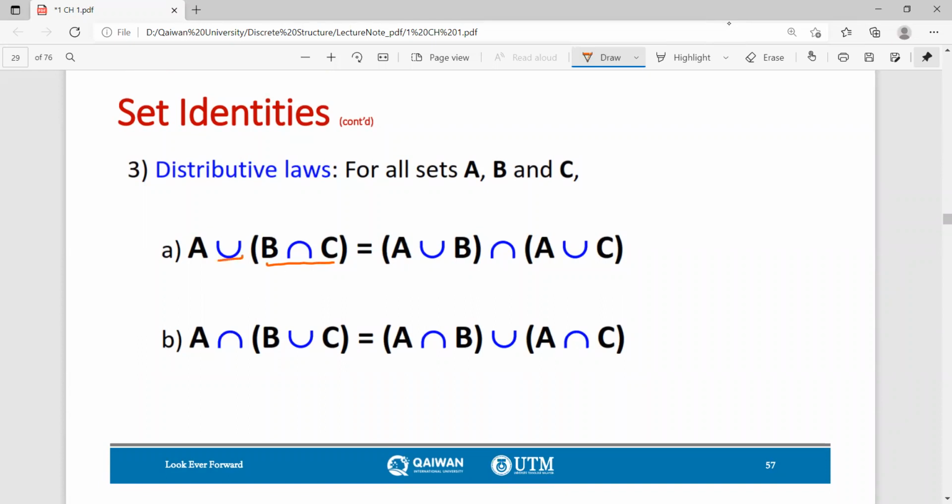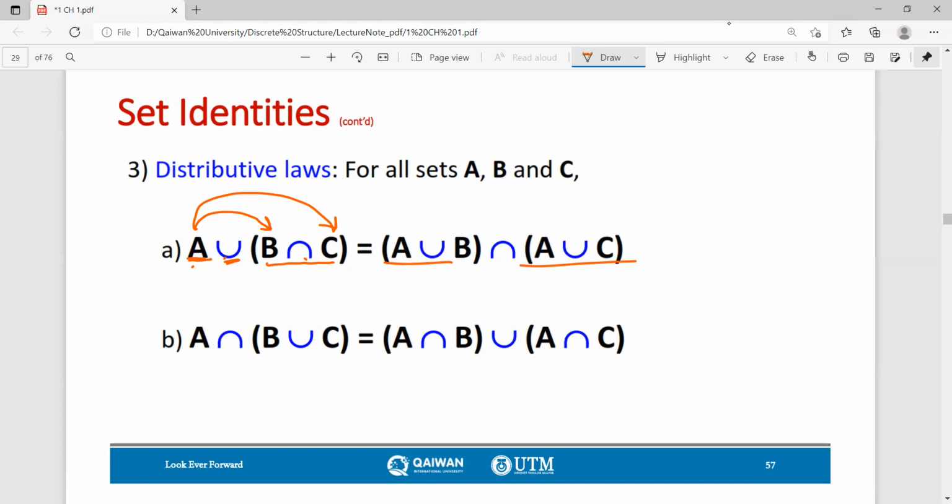As you see, this is union, and here we have intersection. If the operations are different, we can say it equals A union B, intersection A union C. That's it.